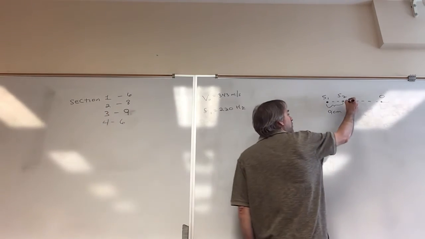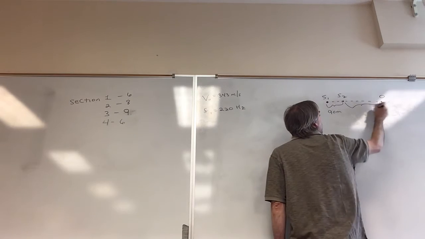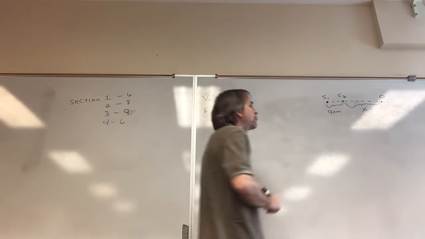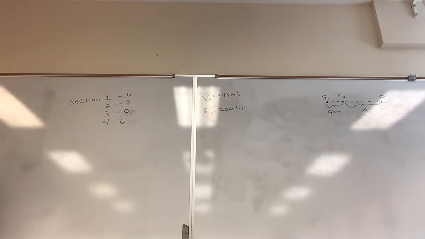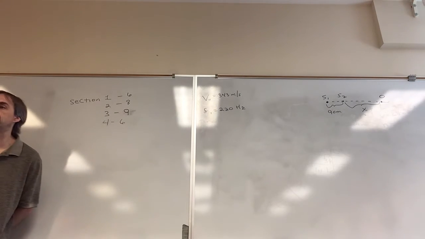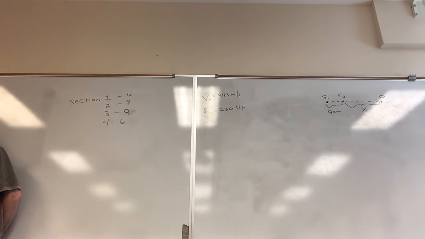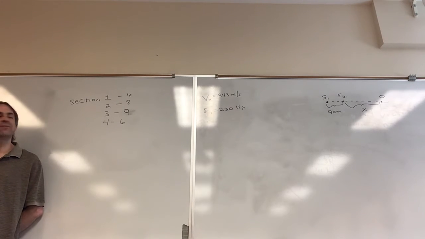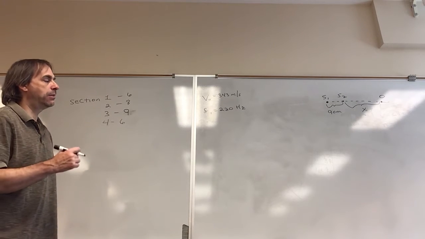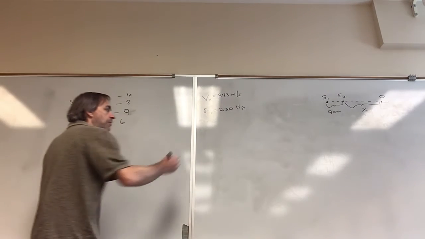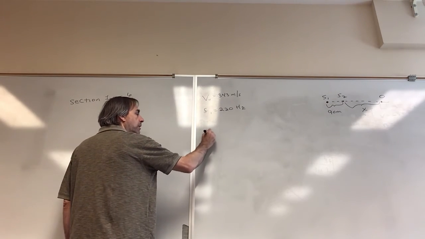Let's find both constructive and destructive interference. Now, there are multiple places where we would find constructive and destructive interference, but let's just find the first two. So remember the condition, I'm just going to write a shorter version of this.